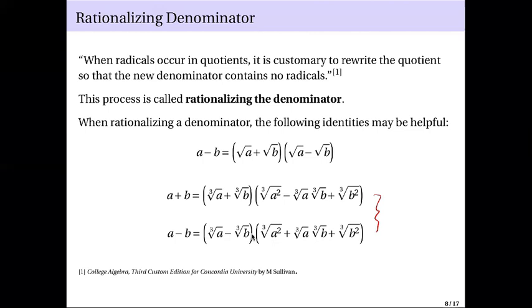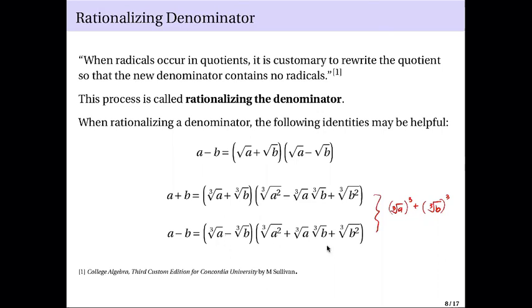So on this right-hand side, what will happen is that you will have cube root of a cubed, sorry, that should be cubed there, plus cube root of b cubed. That's for this guy here.